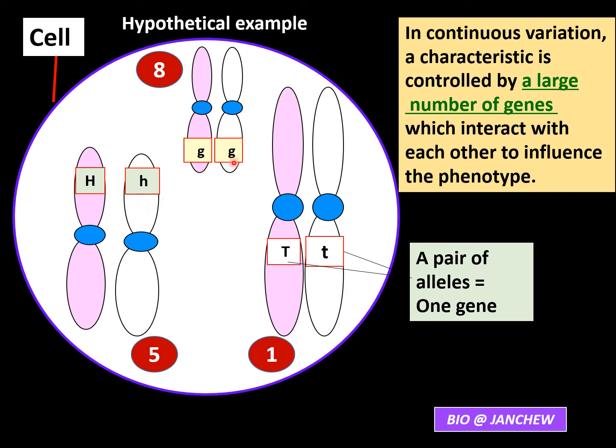Another pair of alleles on chromosome number 8, for example. Okay, these are all just hypothetical, but it's just to explain the meaning of the phrase many genes. So one pair of alleles equals one gene, but there are many pairs of alleles involved. So we say that the characteristic is controlled by many genes.